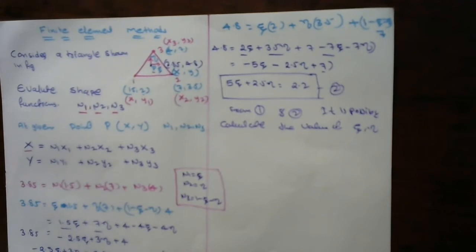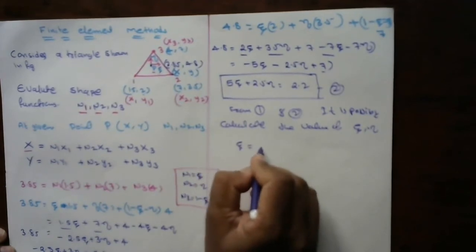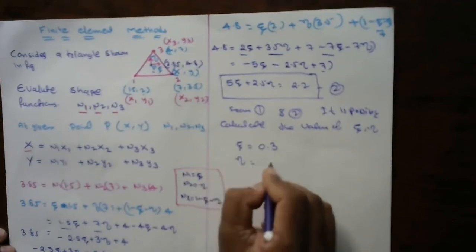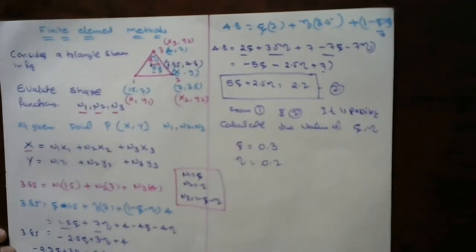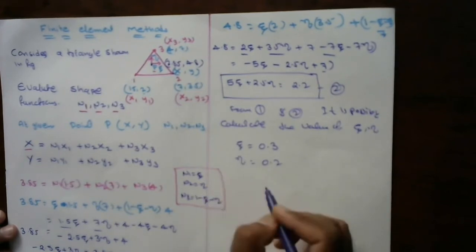The zeta and eta values I have calculated here: zeta is equal to 0.3, and eta is equal to 0.2. If you take these 2 equations and multiply equation 1 with 2 and deduct 1 minus 2, you are going to get the zeta and eta values.